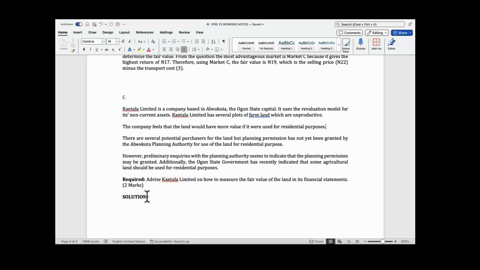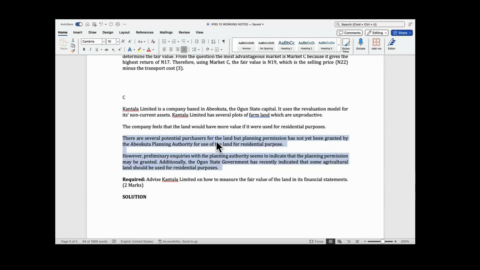And I didn't stop there. When I was talking about highest and best use, I said it's the use that gives you the highest benefit. And this use must be financially feasible, physically possible, and legally permissible. That is what these other two paragraphs are talking about, majorly legal permission to use the land as residential.